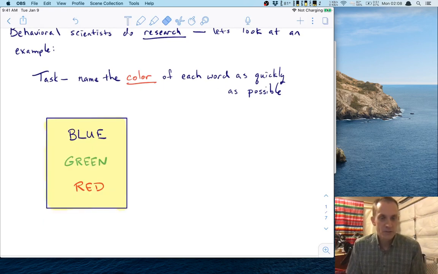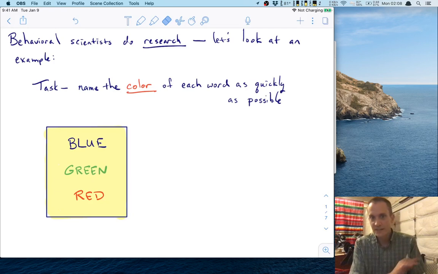Here you're presented with some words like this, but remember the task is to name the color. So if I'm looking here, I'm going to start naming these colors: blue, green, red. Now that wasn't too hard. Now, of course, you might have noticed that wasn't too hard because not only were the colors blue, green, and red, but the words themselves were blue, green, and red. So it's an easy task. What would you possibly learn with this?